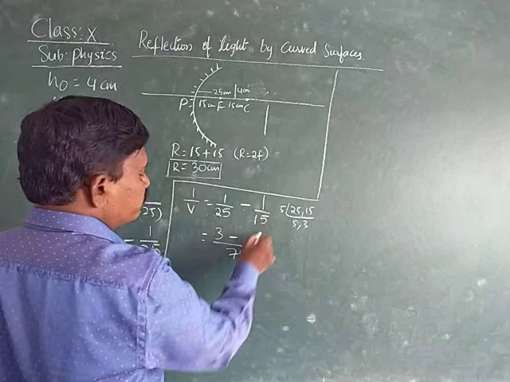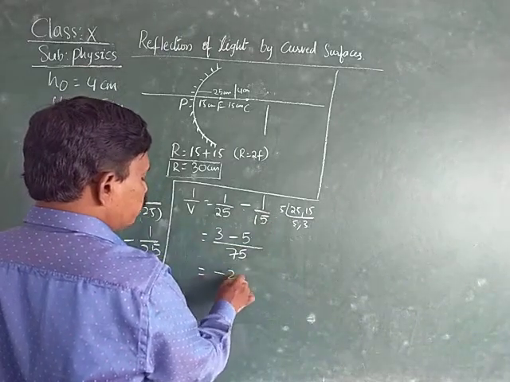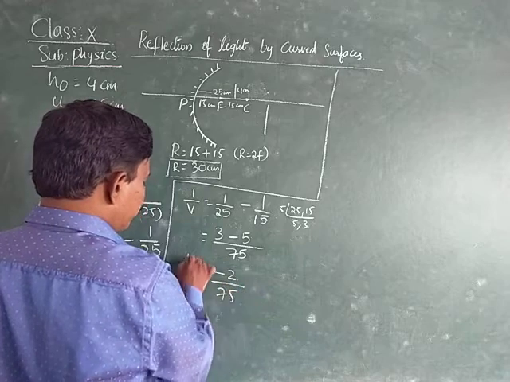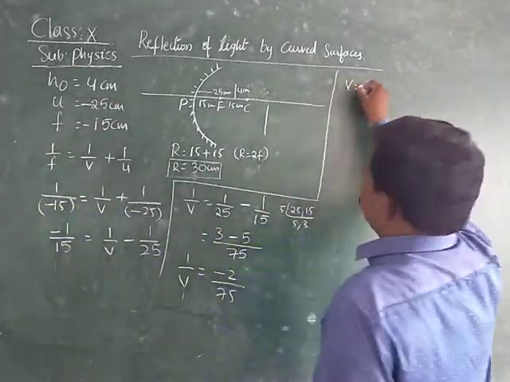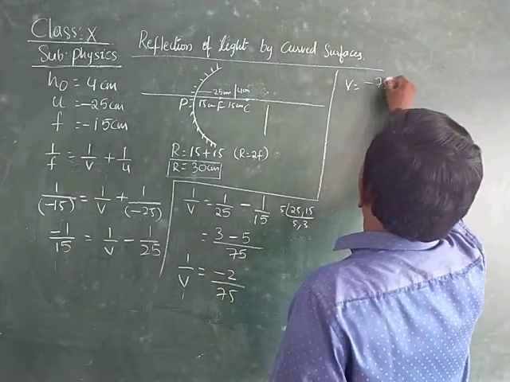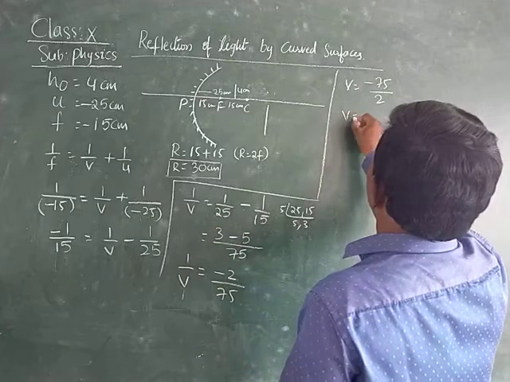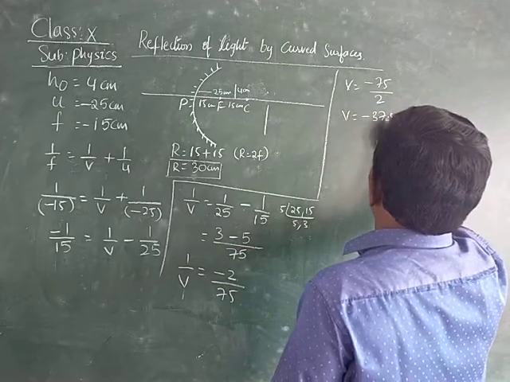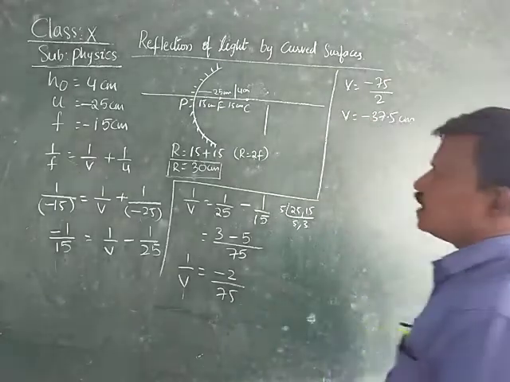Minus 15 how many times? 15 fives are 75. Therefore here -2/75 = 1/v. Therefore v = -75/2, the reciprocal of that one. Therefore v is equal to -37.5 centimeter. Are we getting v? Yes.